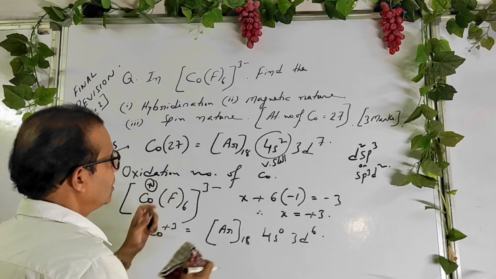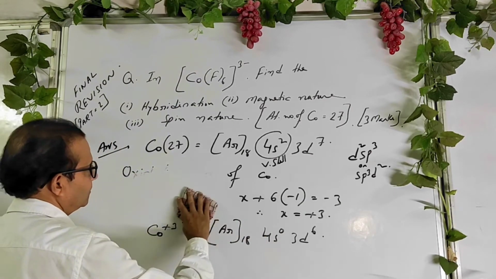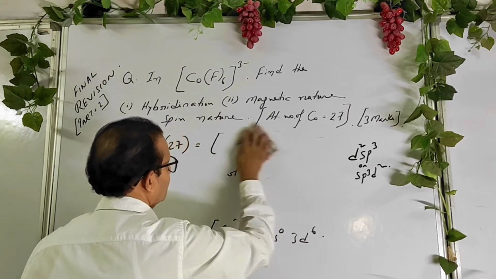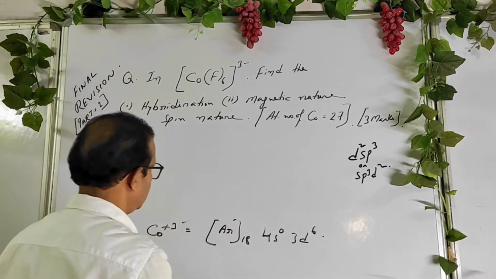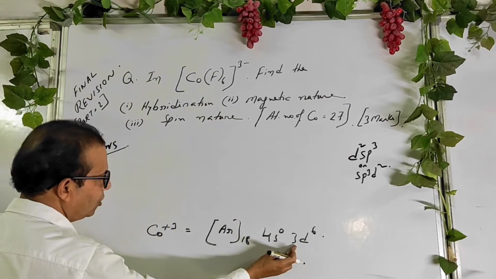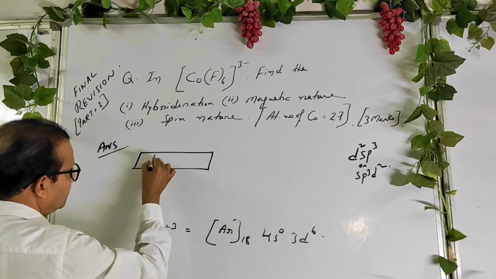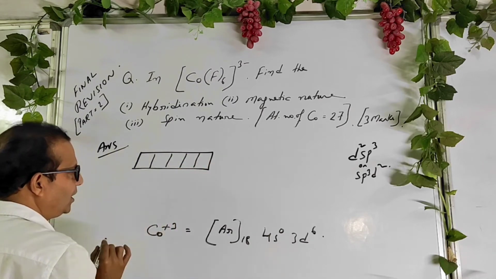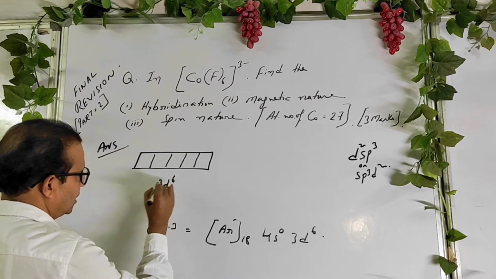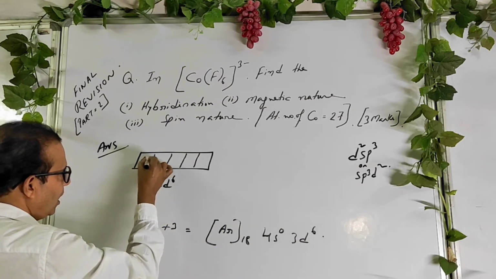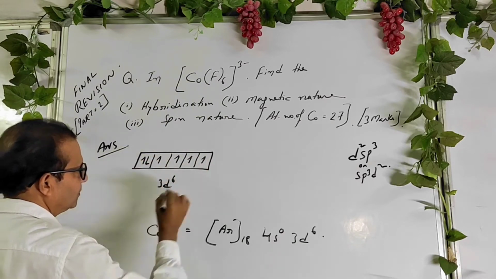So now listen to the next step. Just draw the 3d orbitals and continue the answer. You know that the d orbital has 5 rooms. 3d6, so according to Hund's rule, 1, 1, 1, 1, 1, and then this.